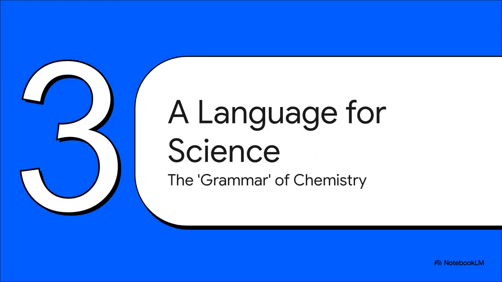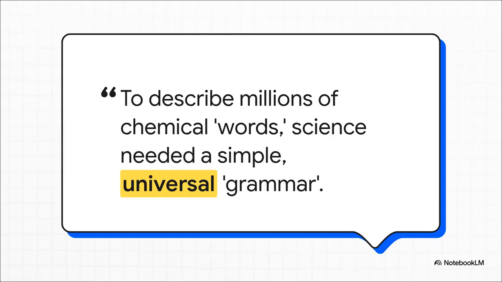So, with millions of possible compounds or words out there, how do scientists all over the world talk about them without getting hopelessly confused? Well, they needed a universal system. They needed a chemical grammar. Just imagine trying to do science if every country used different names and symbols for something as simple as water. It would be total chaos.